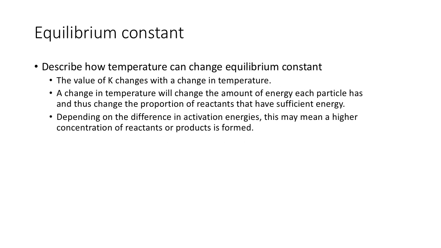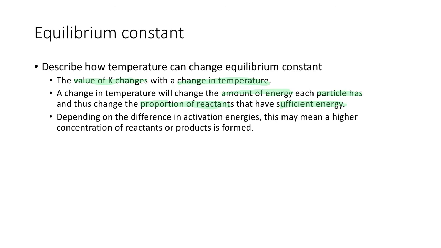Temperature can change equilibrium constants. The value of K can change with a change in temperature, because temperature changes the amount of energy each particle has, and therefore the proportion of reactants that have sufficient energy. Depending on the difference in activation energies, this means a higher concentration of reactants or products is formed.